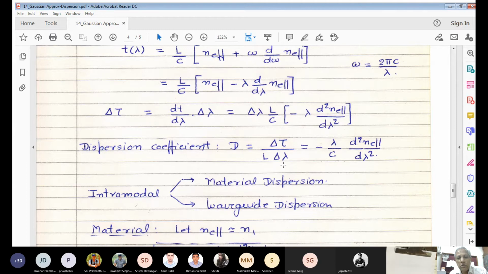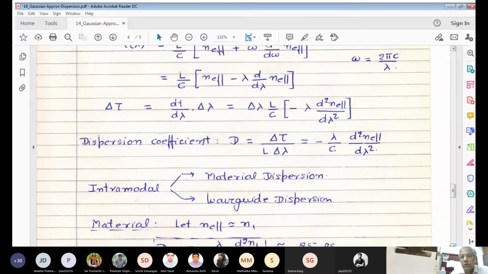Once you have fabricated the fiber, this dispersion coefficient is the property of that fiber. We generally measure it in units of picosecond per kilometer nanometer; kilometer nanometer comes in the denominator, right? So this is the dispersion coefficient.